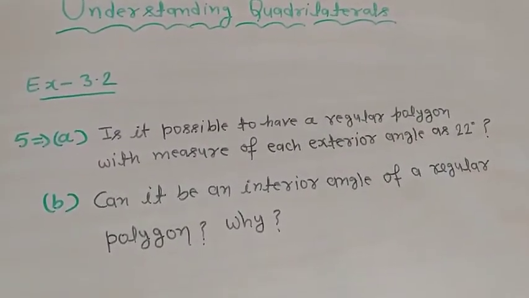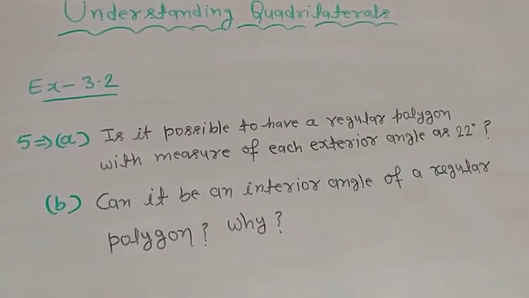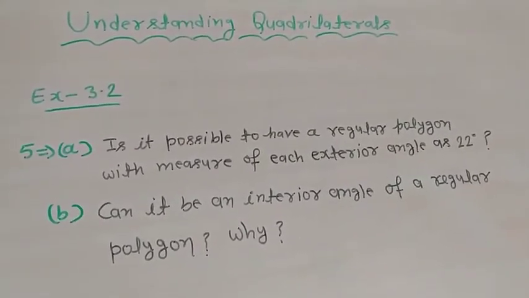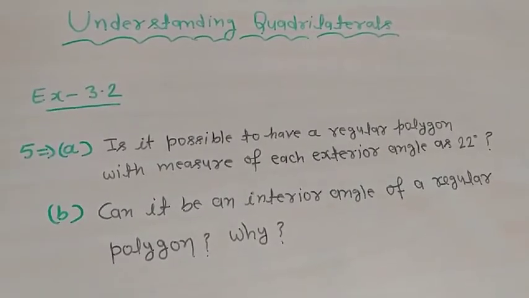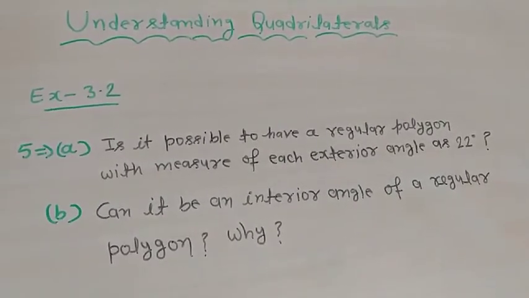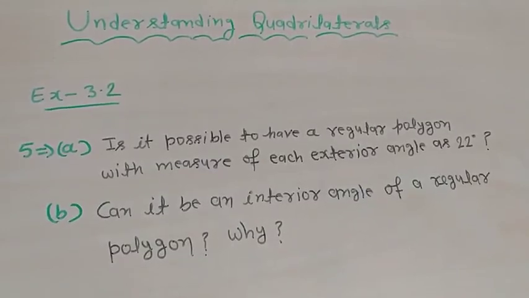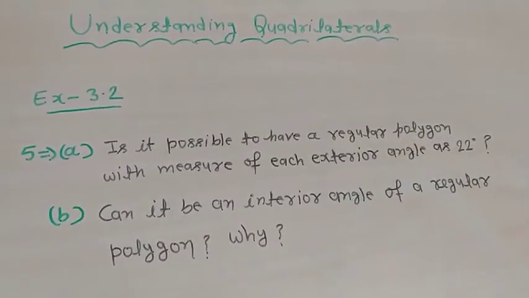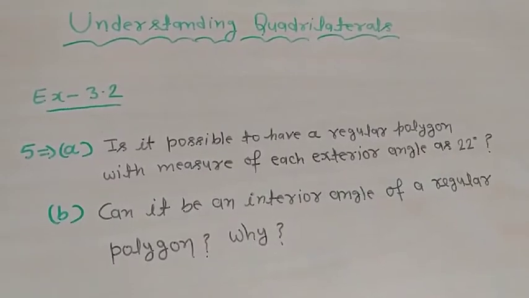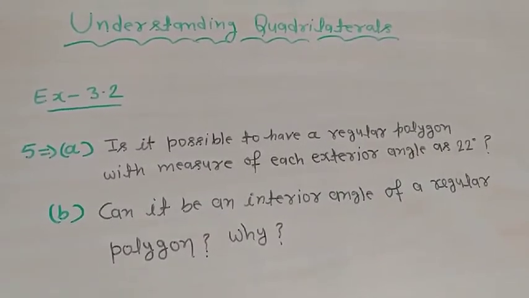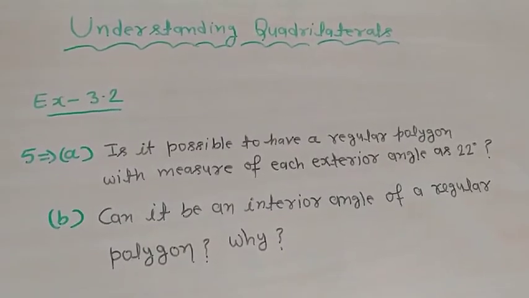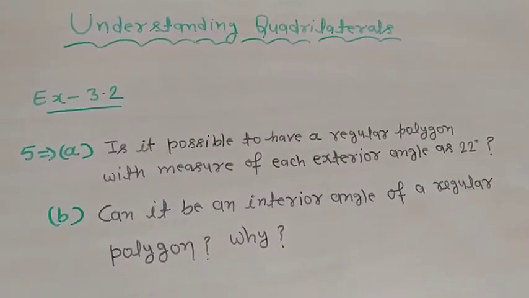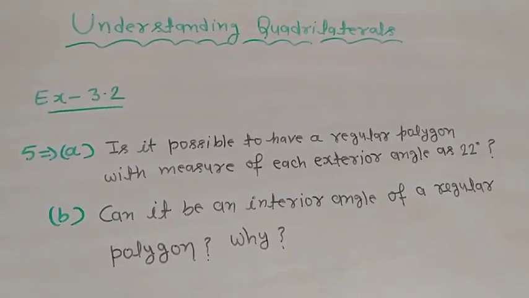So first we find exterior angle. Okay, so exterior angle is equal to 180 degree minus interior angle. So suppose given interior angle is 22 degree. So exterior angle is equal to 180 degree minus 22. So exterior angle is equal to 158 degree.